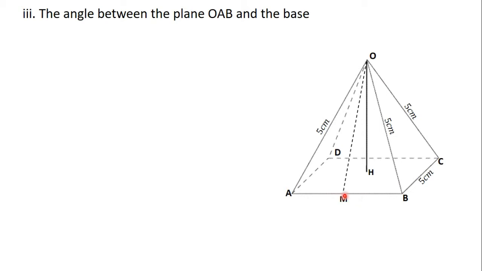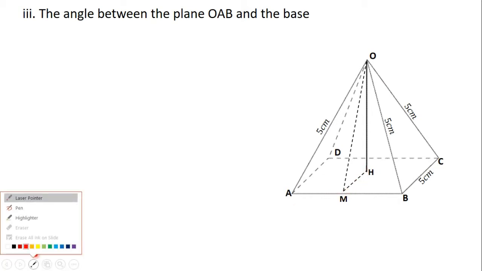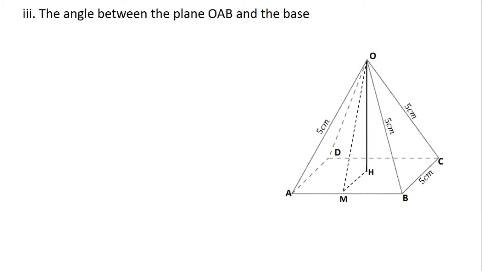To help us do that, I'll join the point M to the point H. So from point M to point H. If you join point M to point H, the angle created here will be 90 degrees or a right angle. Which means that if we are able to find MH and OH, we can use one of the trig ratios to find this angle here.